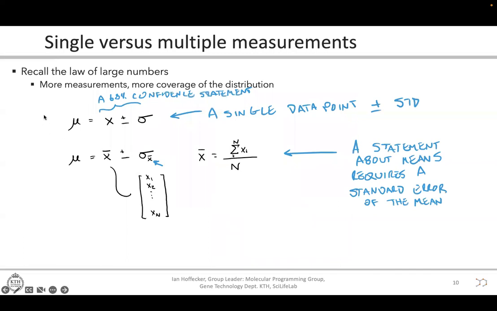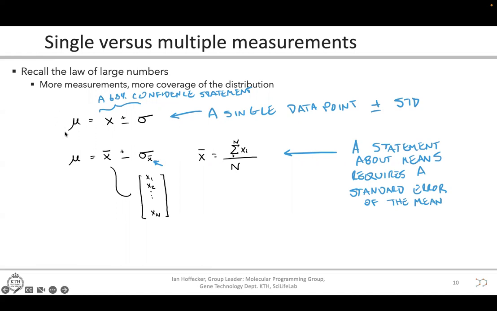Okay, so we talked about what's a confidence statement if we take one measurement using a machine where we have a reported standard deviation or reported precision for that machine. And so that confidence statement looked like this, right?